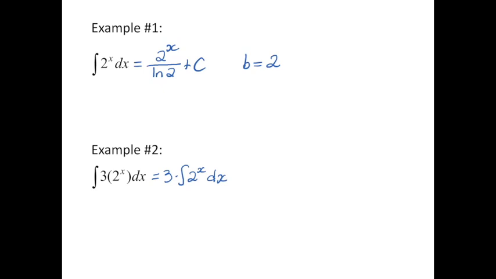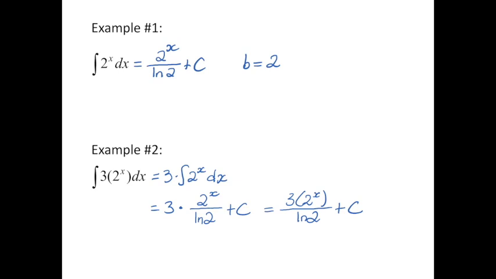So now we just have 3 times that integral, which is the same integral that we had above. So it will be 3 times 2 to the x over ln of 2 plus c. So if we wanted to, we could write that as 3 times 2 to the x over ln of 2 plus c.